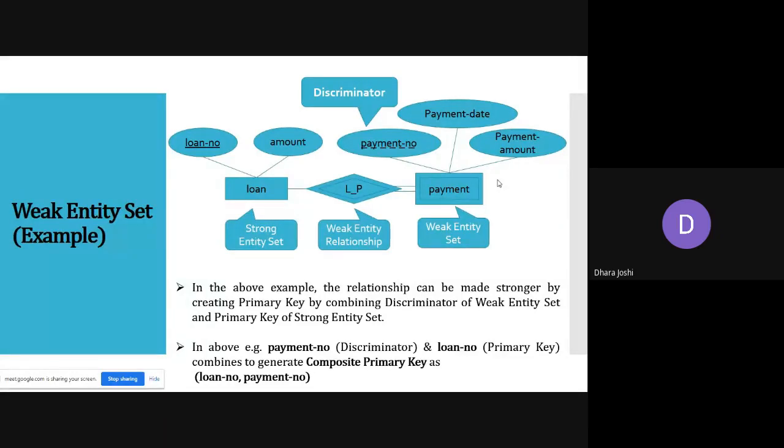Akshay, Astha, Hina. Okay, good. Okay. So can anyone tell me another example of weak entity set?